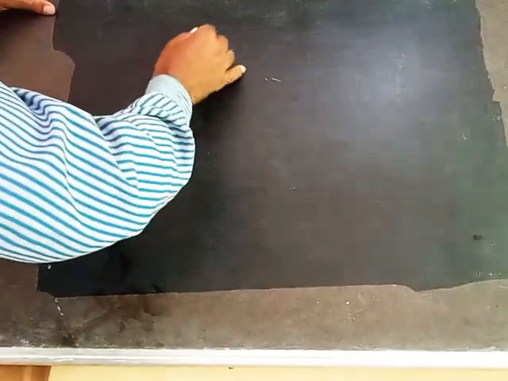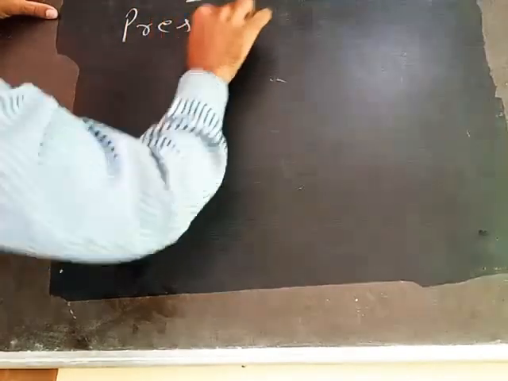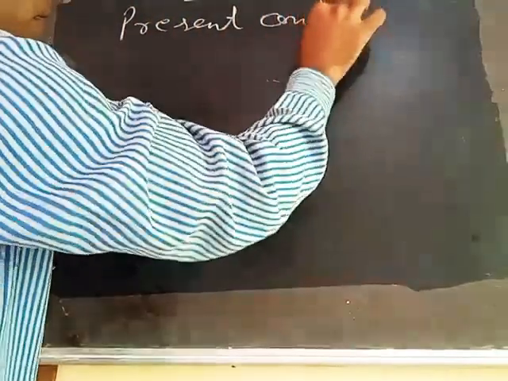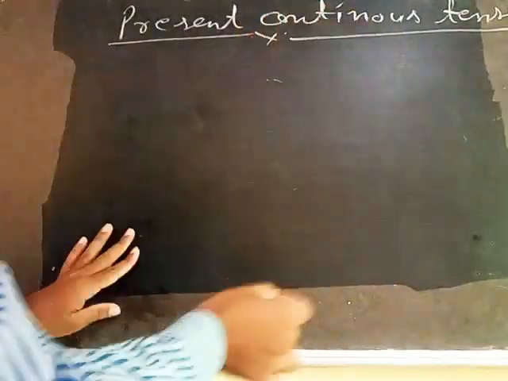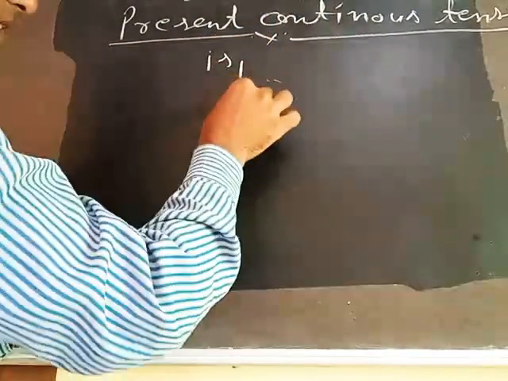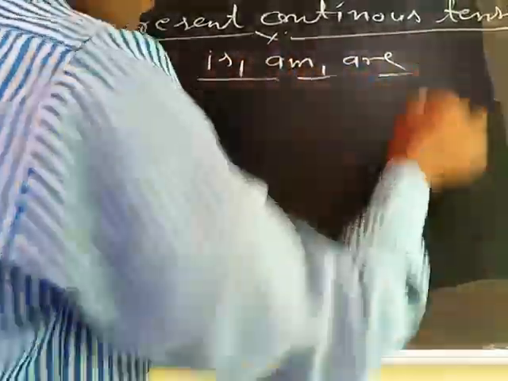Students, our running topic is tense. Today we are going to study the use of present continuous tense. We have already read about this tense. It has three helping verbs: is, am or are.